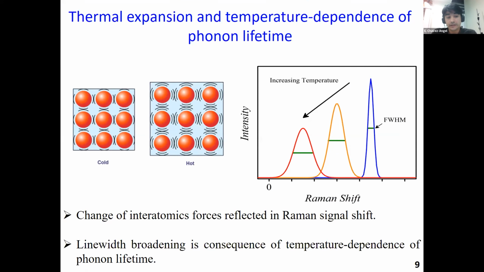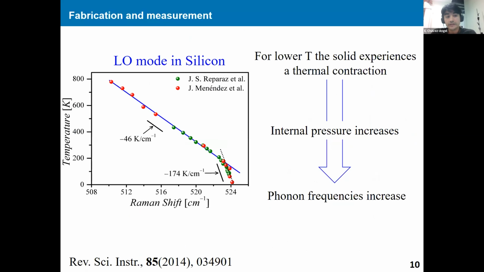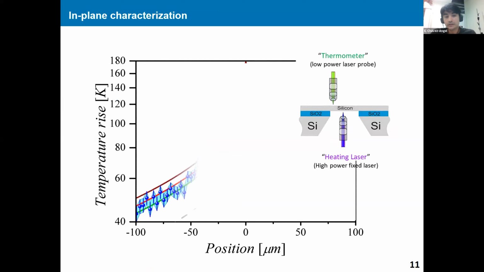That is because there is a change in the atomic forces. And at the end, this is a good way to probe the local temperature. Once we have the peak position as a function of temperature, this means we are calibrating our thermometer, and we are able to do some thermal mapping through the system.